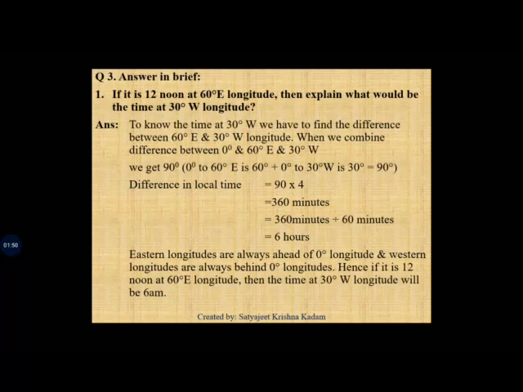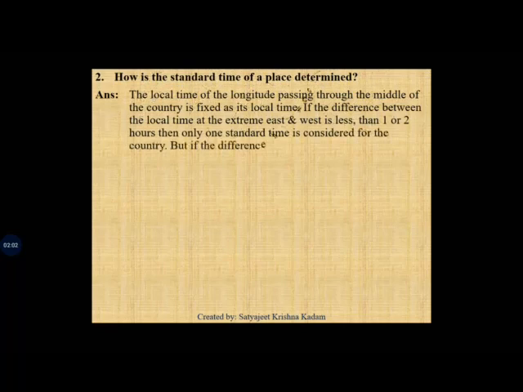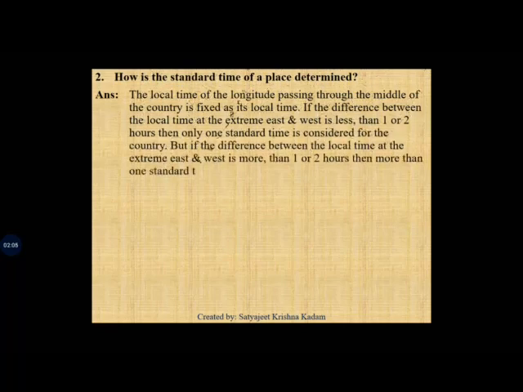Next, how is the standard time of a place determined? Answer. The local time of the longitude passing through the middle of the country is fixed as its standard time.